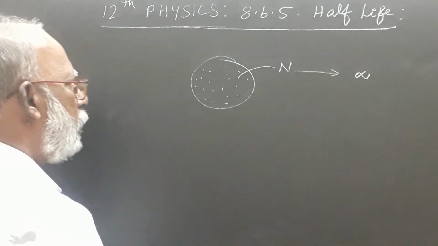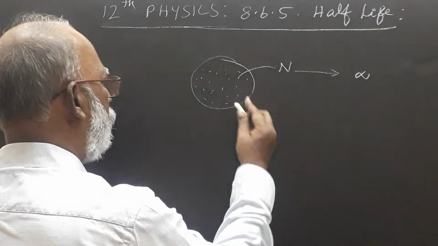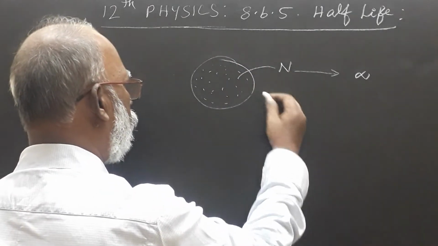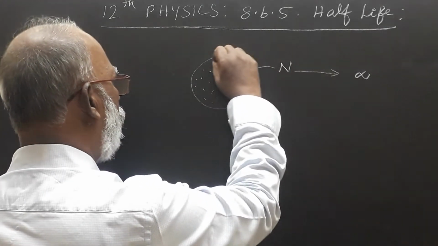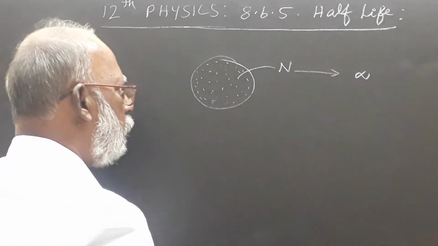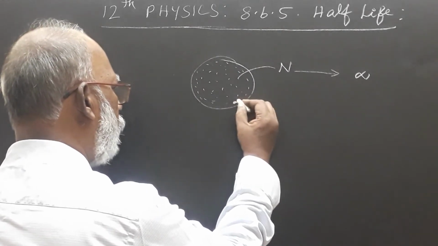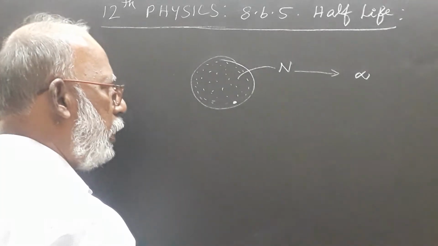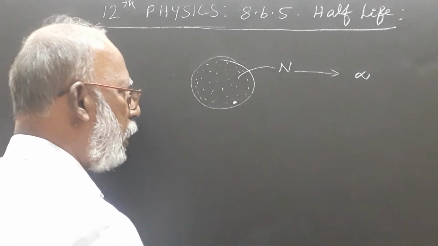But why, sir? What is the reason we are not able to determine the total lifetime of all the atoms accumulated here? When you talk about one nucleus, we can explain the probability of when it may decay and how long it will take.